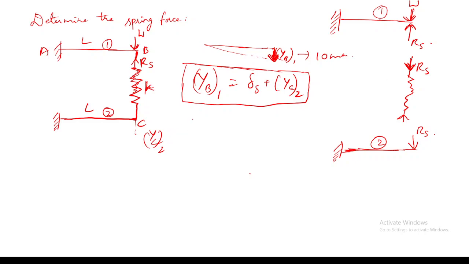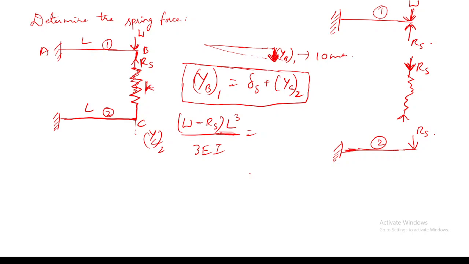Can you find out what is the expression of YB1? RS minus W. Yeah. So here I am taking the downward force as equal to the total downward force. Since all these things are in the downward direction, I am just equating the magnitude alone. So here it is (W minus RS) L cube by 3EI.